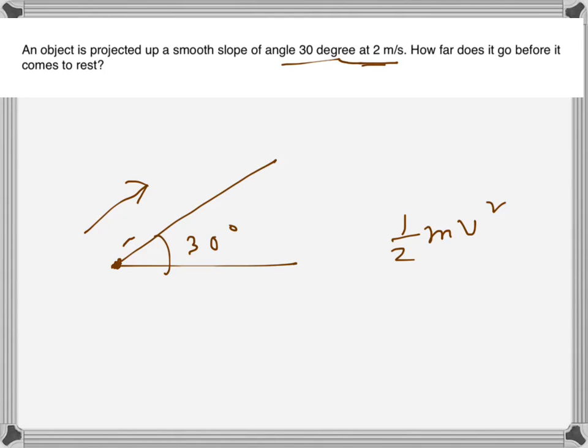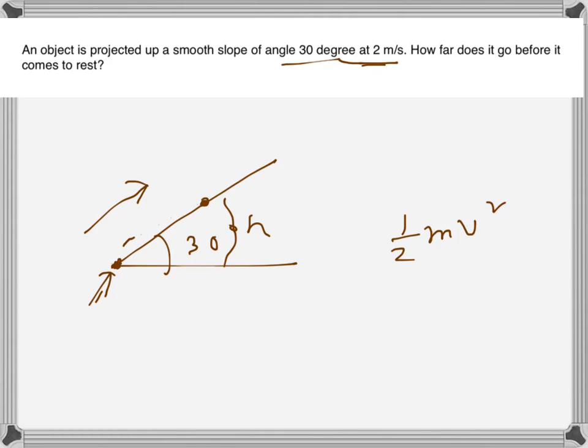Its kinetic energy keeps being converted to potential energy as it goes upwards. Finally, it reaches a certain height where its potential energy will equal the kinetic energy that it was given here.